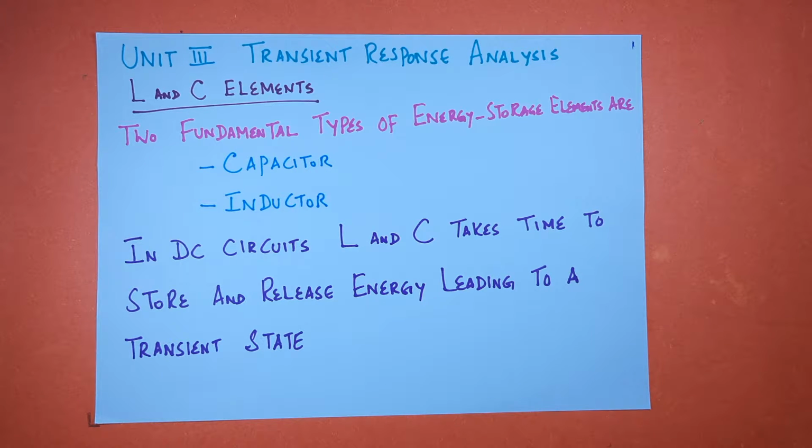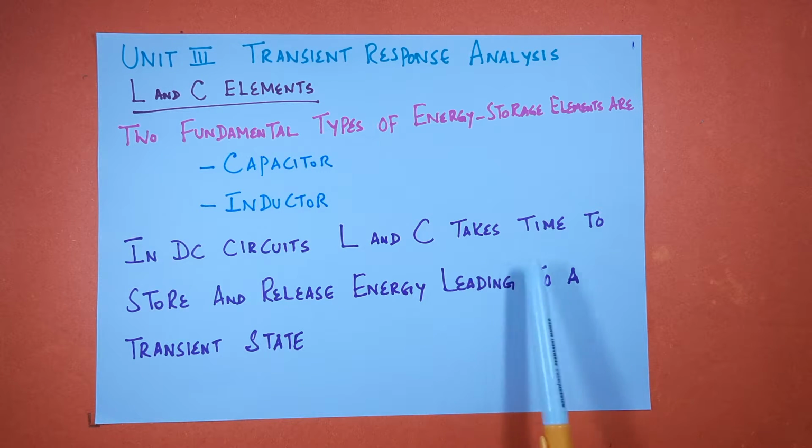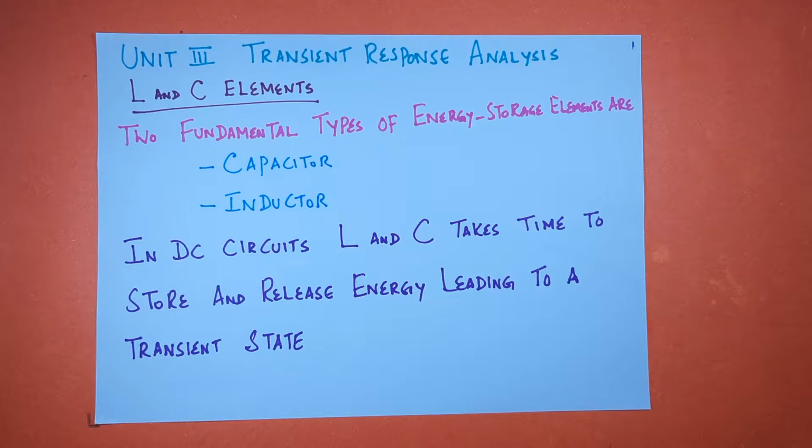In DC circuits, L and C, that is inductor and capacitor, take time to store and release energy, leading to a transient state. So that means we have three basic circuit elements, R, L and C.